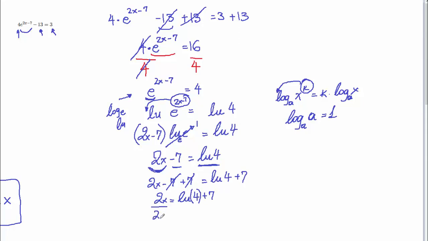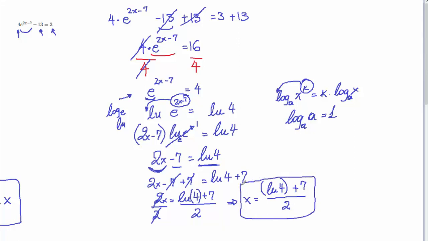And now I divide by the coefficient on both sides of the equation. So this gives me the final answer that x is equal to ln of 4, plus 7, divided by 2. Use parentheses as much as you can to avoid confusing what is the argument of the logarithm and what is not. And that's the solution for this equation.